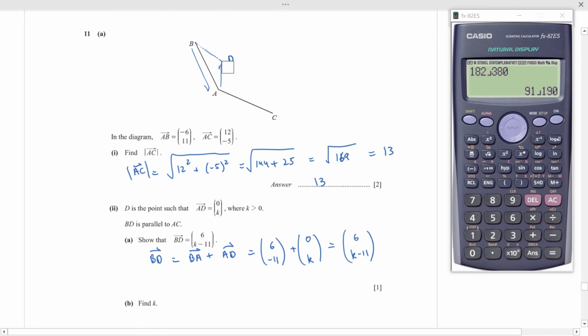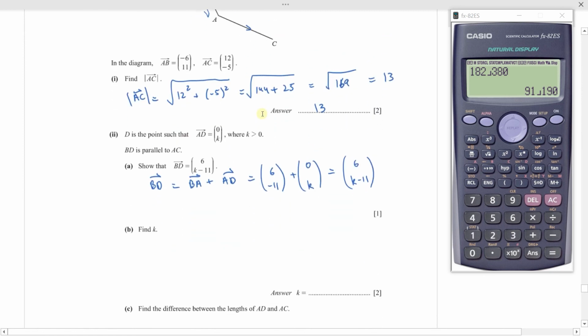So let me erase this. So this was your point D. And we are told that BD is parallel to AC. So this BD is parallel to this line AC. So that means, once two vectors are parallel, we can write BD as some constant C times AC.